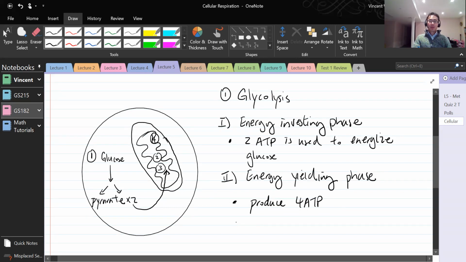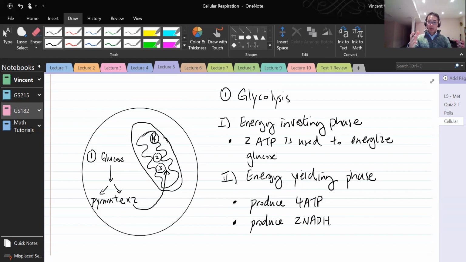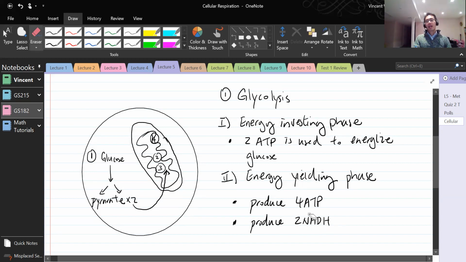And what also happens in the energy yielding phase is you will also produce 2 NADH. So high energy electrons will be released, like I have been saying. Some NAD plus is going to come along, pick them up, and then we generate these NADH.